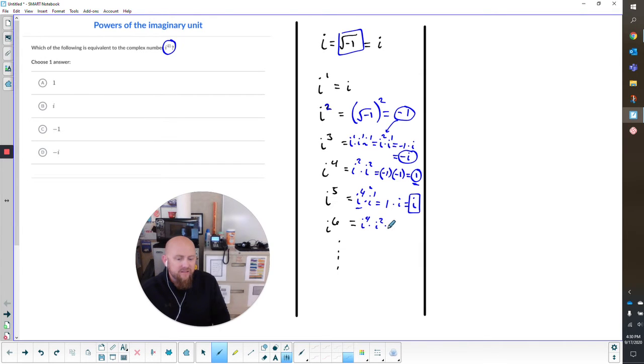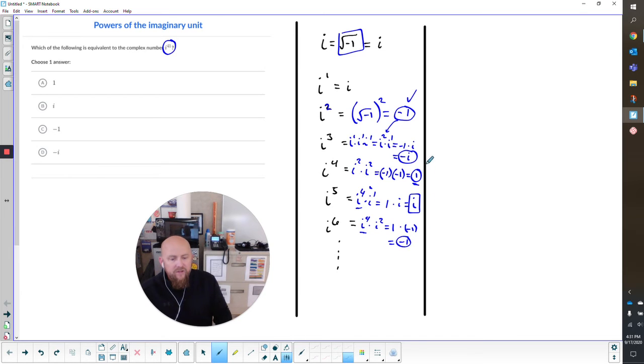That i to the fourth we know is going to just turn into 1, and i to the second, hey, that was also a nice result. It was just negative 1. So we end up with two values, 1 times negative 1, which simplifies to negative 1.